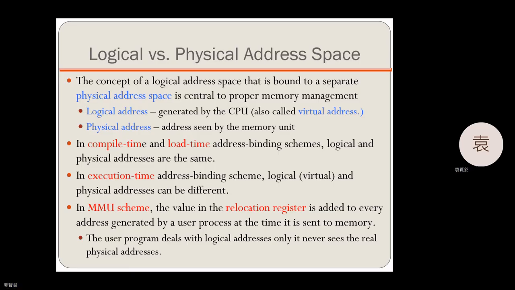Every logical address automatically has the relocation register value added to generate the real memory address. So the user program deals with logical addresses and never sees the real physical address. The physical address is used by the memory module only.